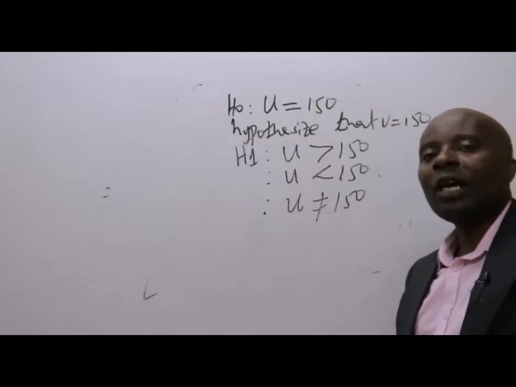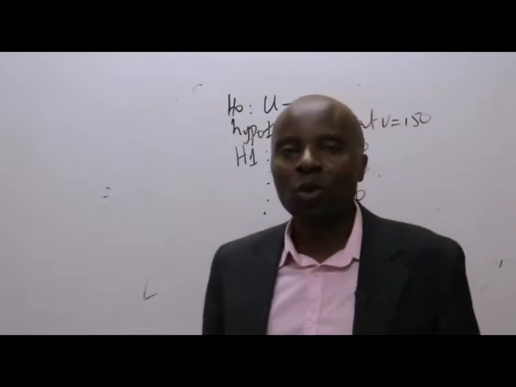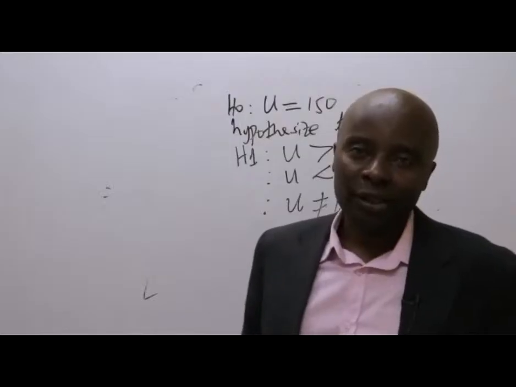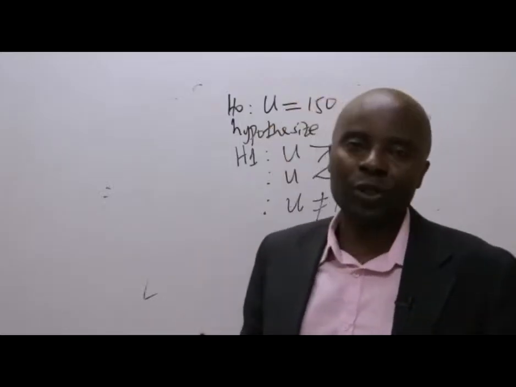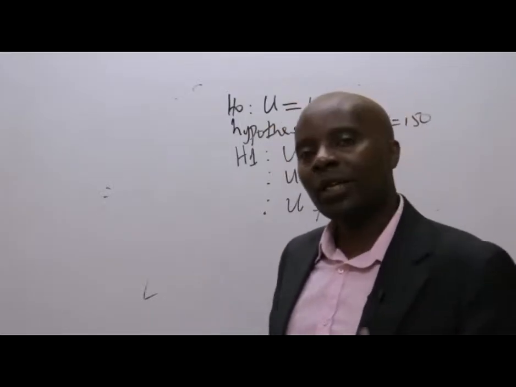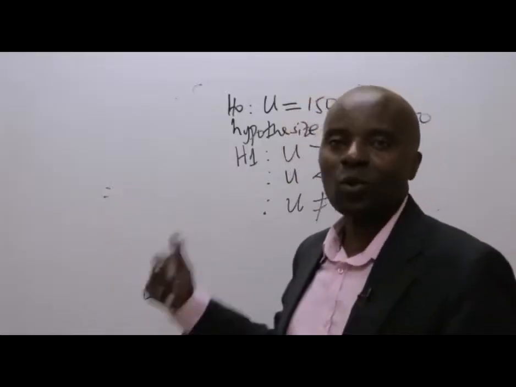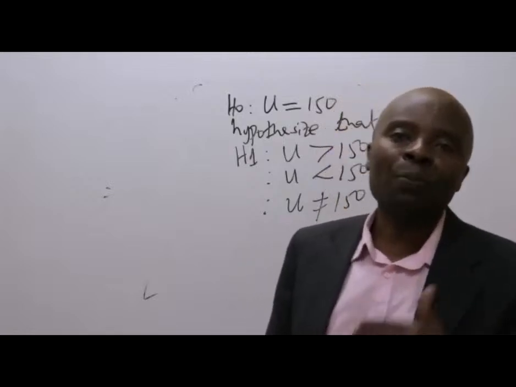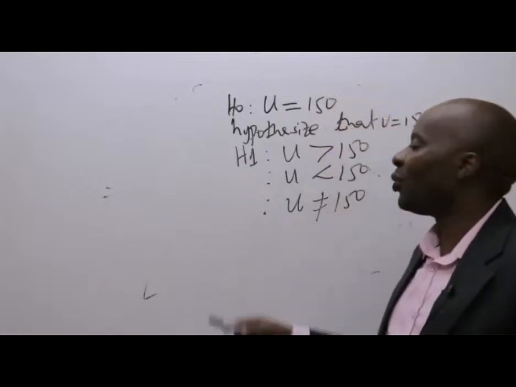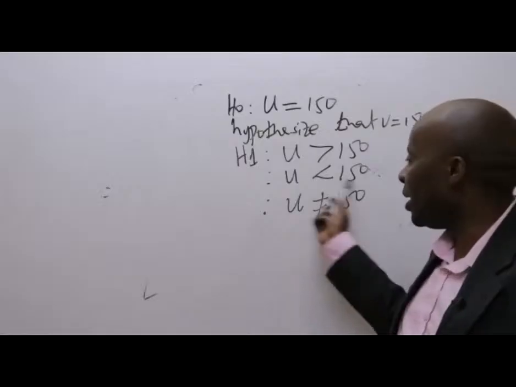When I go to Summit to assess the heights of the students, some will be taller than this, other students will be shorter than 150. So the proper alternative hypothesis is this one here.